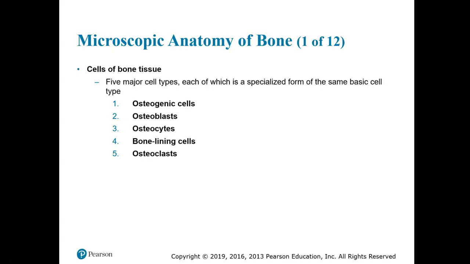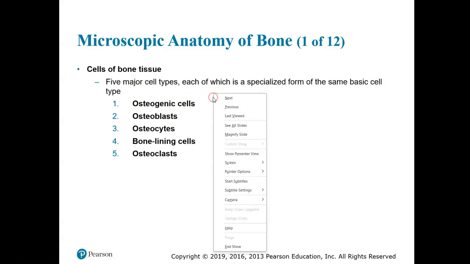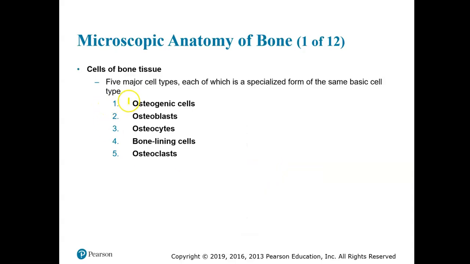Now, for cell types of bone tissue, you have osteogenic cells. Those are going to be bone stem cells. That means they're capable of dividing and producing new bone cells. Osteoblasts are going to be bone cells which produce bone matrix. So what happens is you have osteoblasts that secrete matrix all around their outside until they're completely surrounded by bone matrix, and then they will become osteocytes.